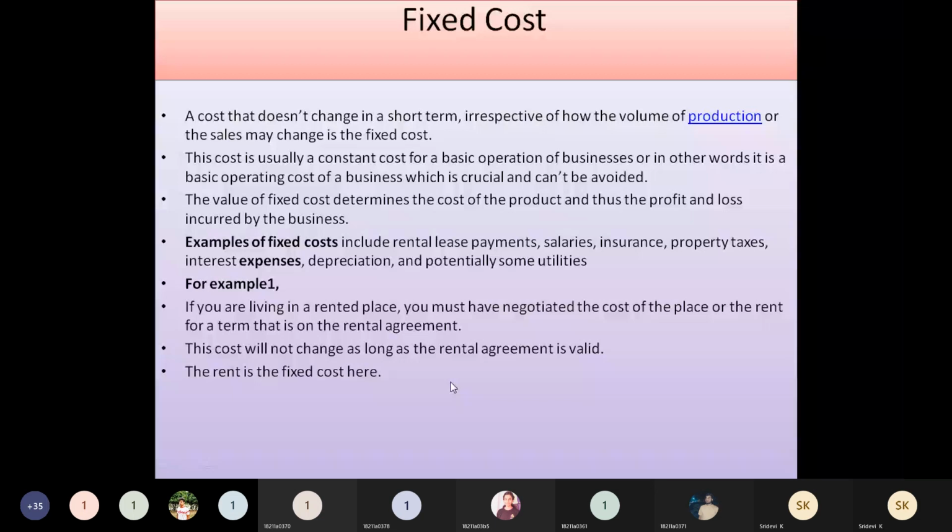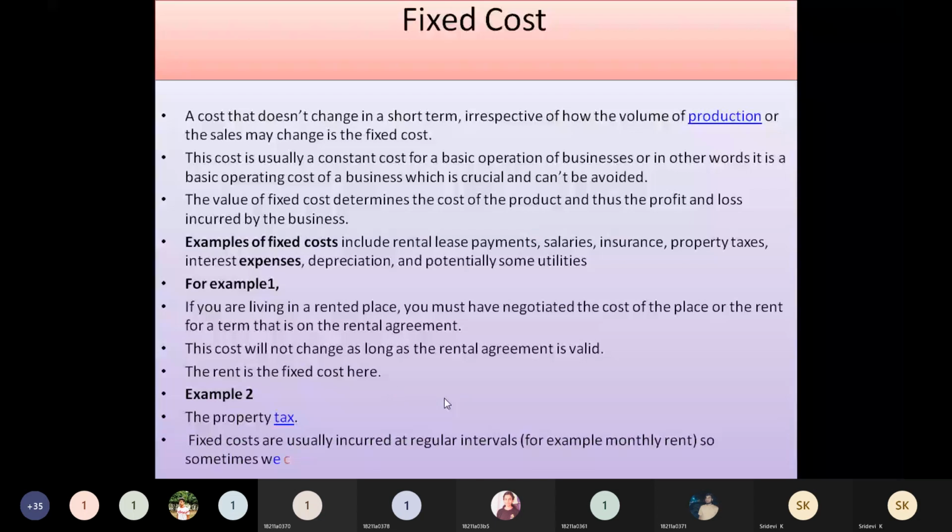And you can take another example of fixed cost, property tax. So property tax also you need to pay some amount monthly, no? So that is included in this fixed cost.